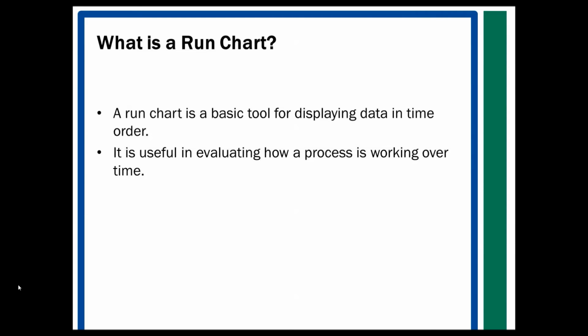I'm going to be the improvement facilitator who's working with Blue Meadows, and she has seen some of the data on these charts, and she's asked now to take some of this new data and put it into a run chart. She's not really sure what this is. So I explained to her first that a run chart is a basic tool for displaying data in a time order, and that it can be useful in evaluating how a process is working over time.